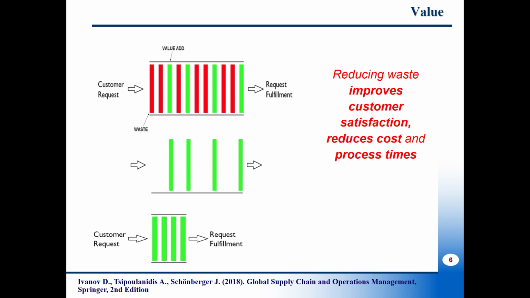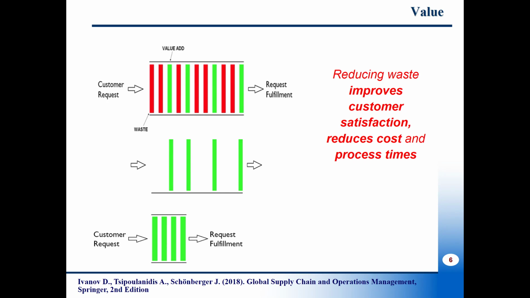For instance, the first line can be raw material received from suppliers, the second line can be some kind of manufacturing operations, the third line can be distribution, and the fourth can be selling of the products to customers.